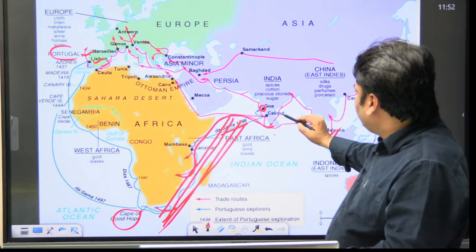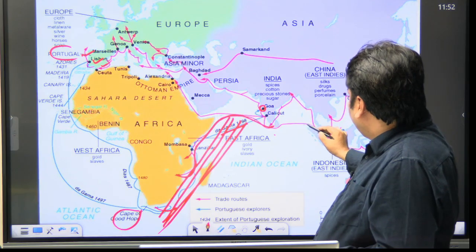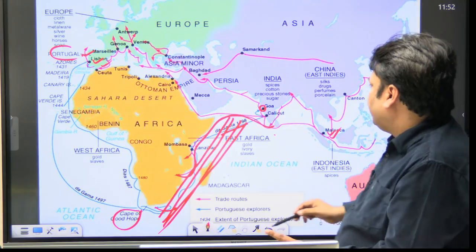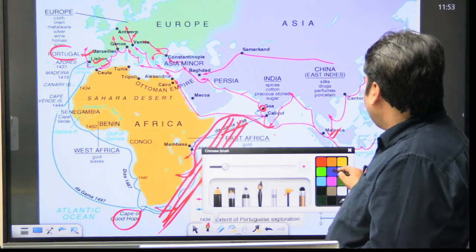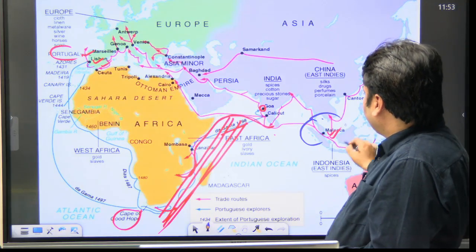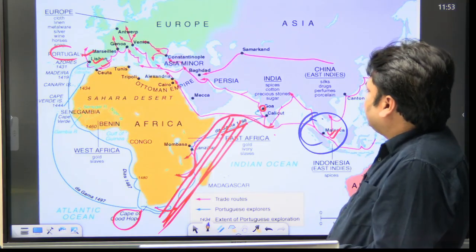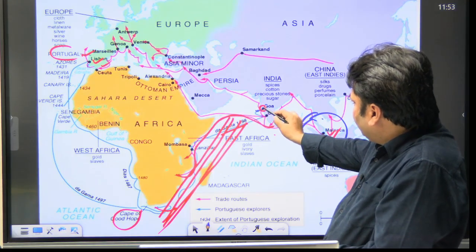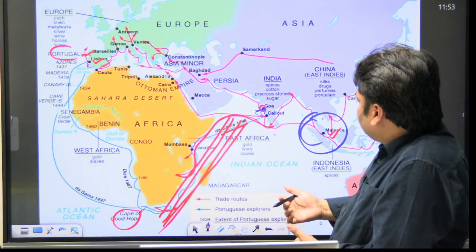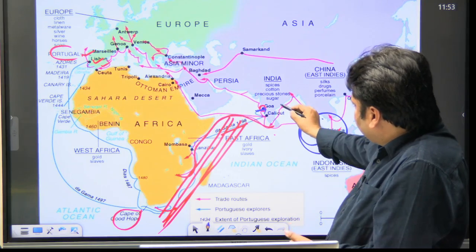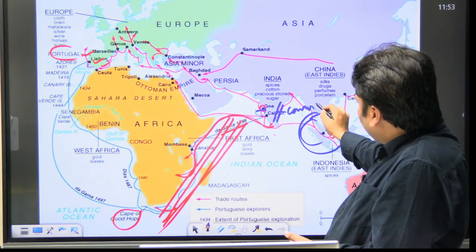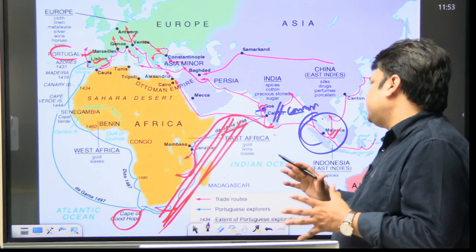And here, if you look at the trade routes, these are the trade routes. Now when the Dutch come to India, the Dutch are mainly interested where? In the Spice Islands, Indonesia, Southeast Asia. The Dutch main interest lies here. If the Dutch come to India, where will they focus to establish themselves? On the eastern coast, the Coromandel coast will be their most favorite destination.